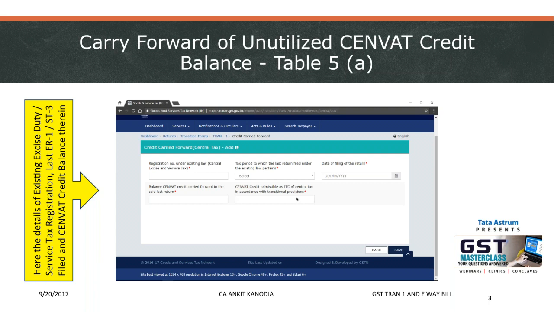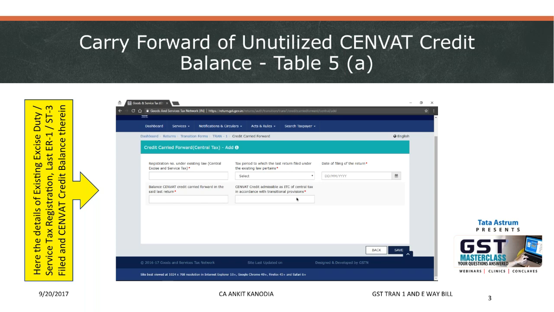The issue which comes up here is, what do you mean by CENVAT credit? People have been questioning whether the credit of KKC, EC and SHGC would be allowed to be carried forward under the GST regime. See, the section we are talking about is section 140 subsection 1.